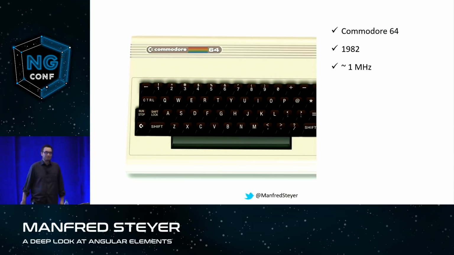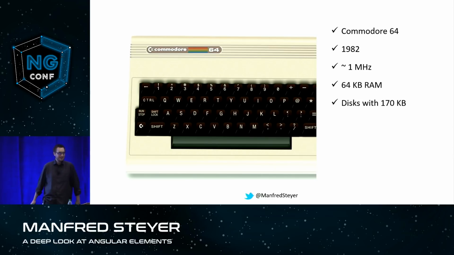Anyway, it had 1 megahertz, which is nothing compared to nowadays capacities. It had 64 kilobytes of main memory, and the floppy disks could store 170 kilobytes, which is really nothing. What no one knows is that there has been a dual-core version, a version with 2 CPU cores.